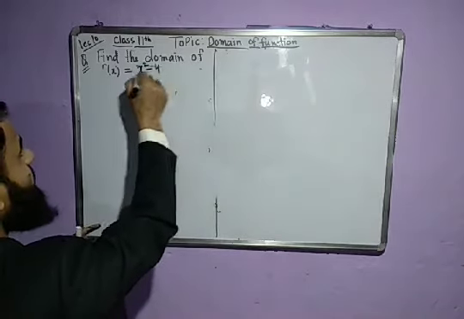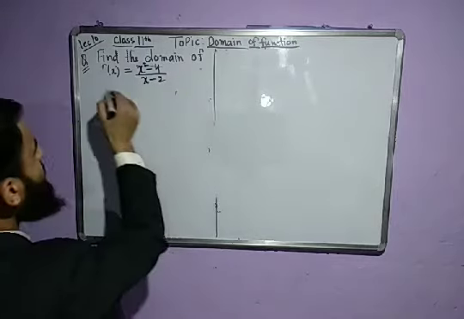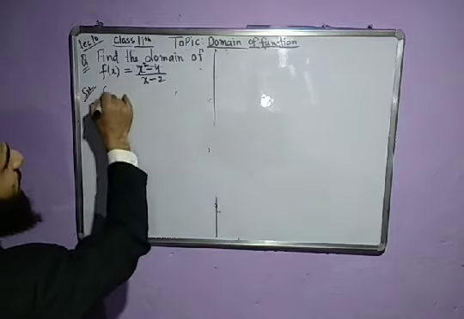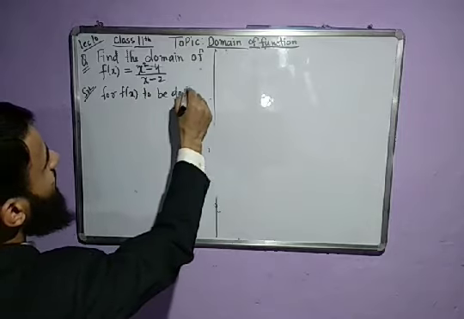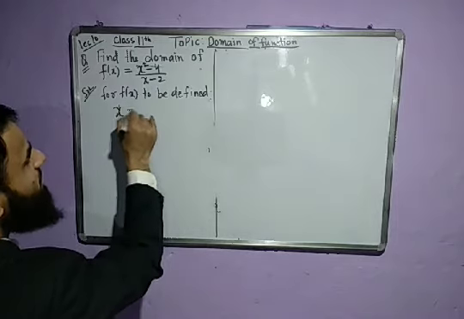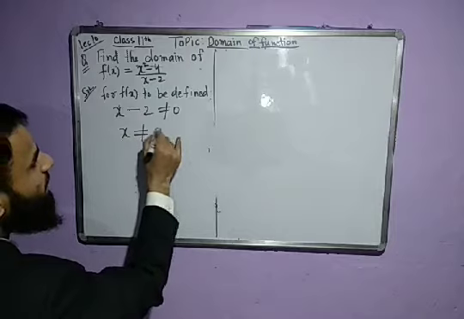We have to find the domain. So its solution is easy. Why? Because for f of x to be defined, I told you that the denominator should not be equal to 0. It means x minus 2 should not be equal to 0. What does this mean? X should not be equal to 2.